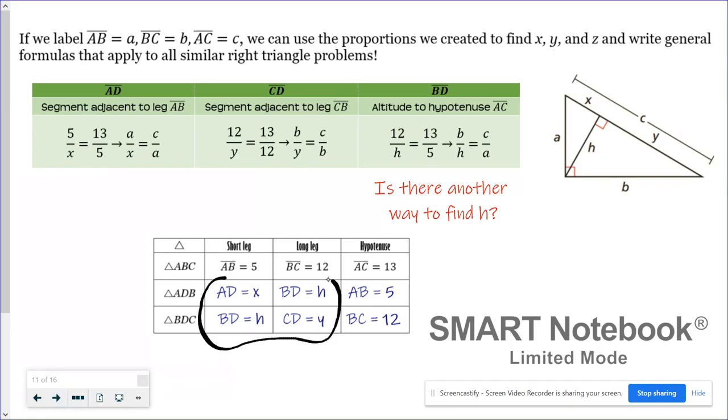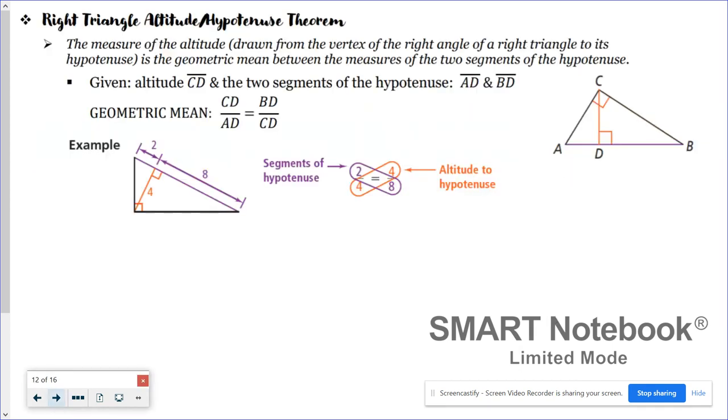You'll notice that we have another proportion that looks like this: X over H equals H over Y. H is our altitude, and X and Y are the segments of the hypotenuse. So here we have a relationship between the altitude and the segments of the hypotenuse.